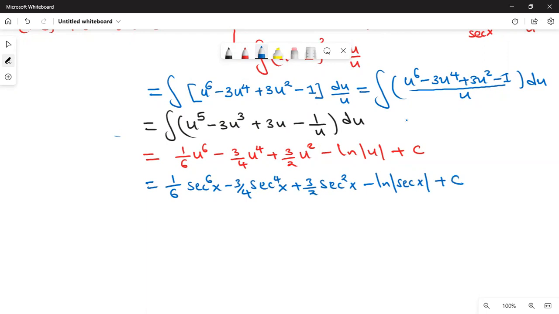So that is the integral of tan raised to 7 of x when we use the first method.